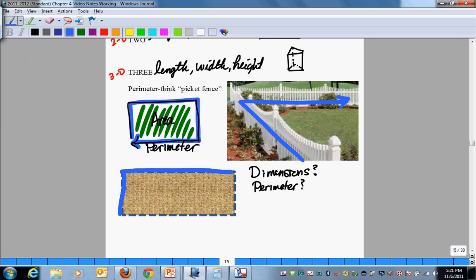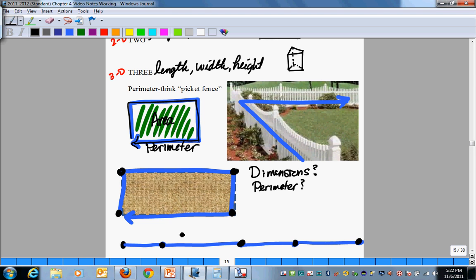Since perimeter is going around 2 dimensions, it doesn't make it 2-dimensional, because if this was string or even fencing, I could unwrap the fencing into 4 lengths. Fencing can be unwrapped. Therefore, perimeter is just a concept of length, which makes it a one-dimensional concept.